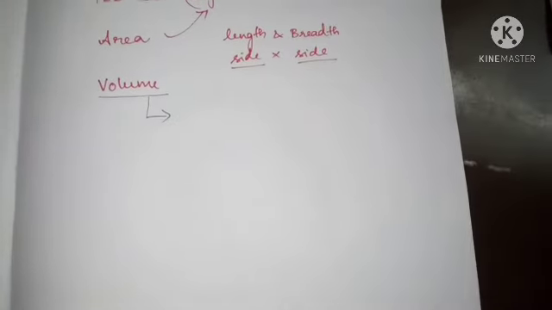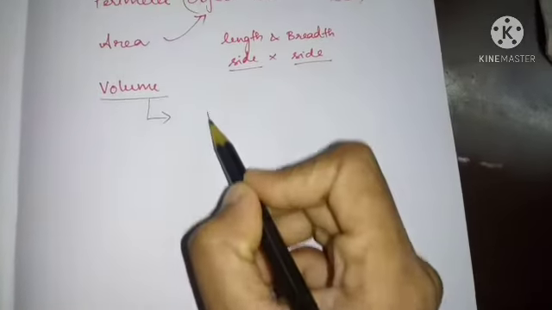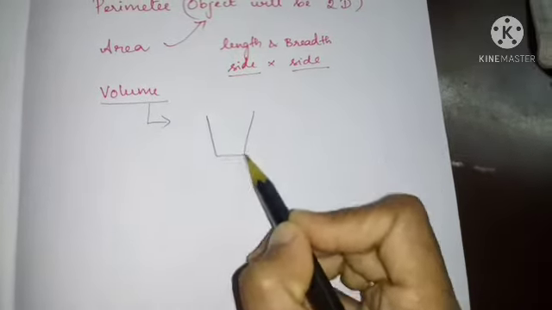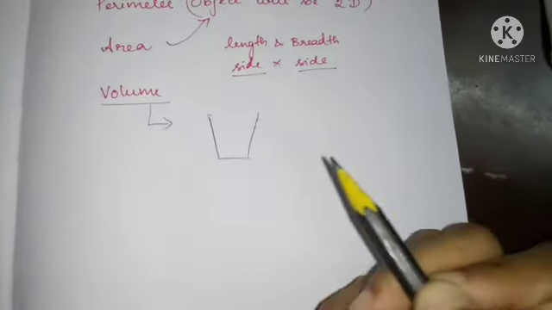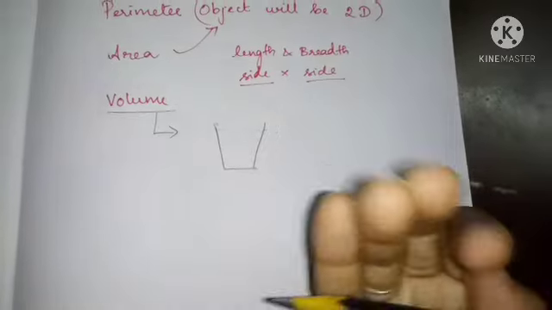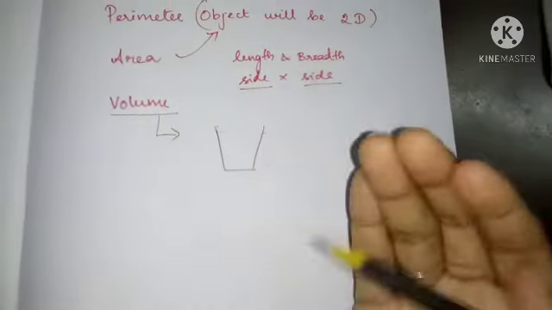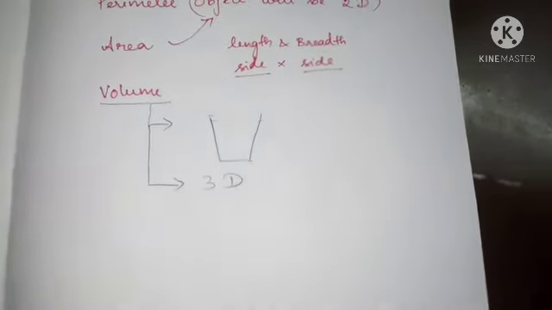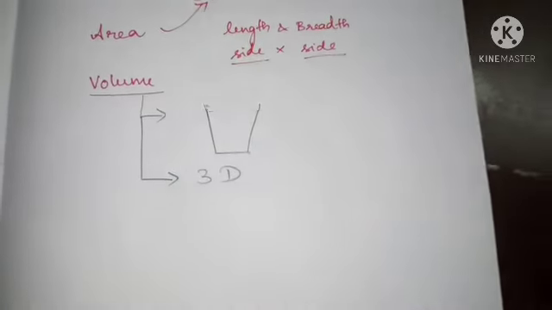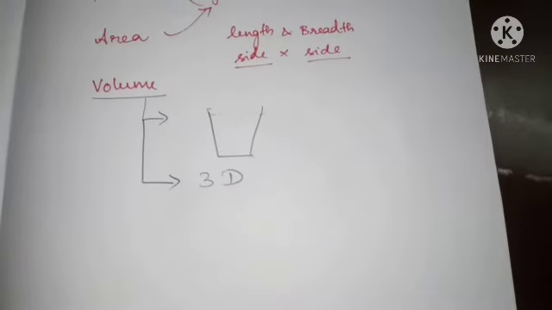For example, if I take one bucket, how much water you can fill in this bucket, that is the volume. So when it comes to volume, you will use it for three-dimensional objects.